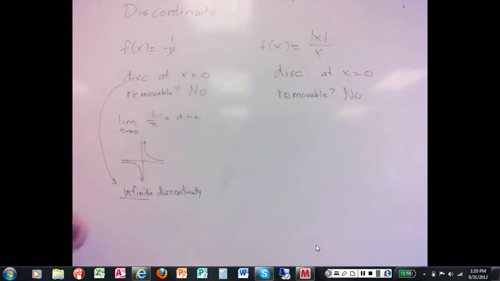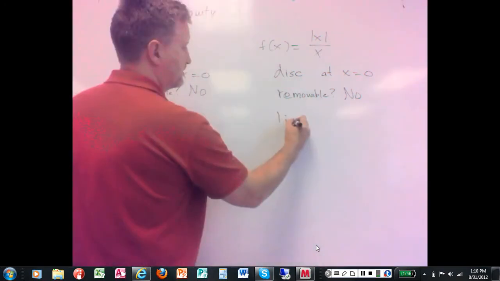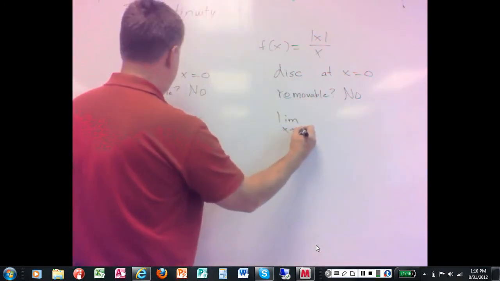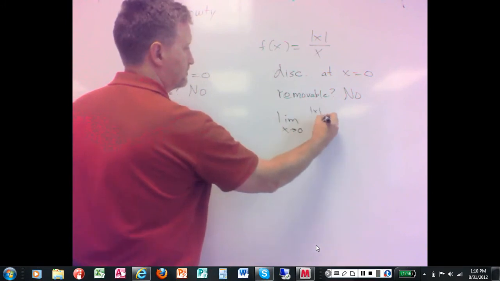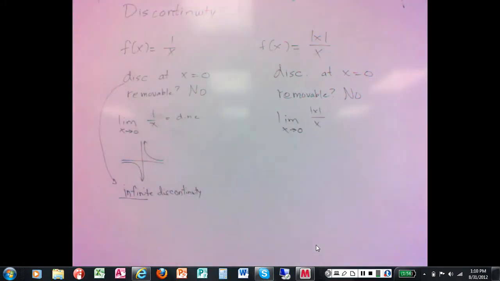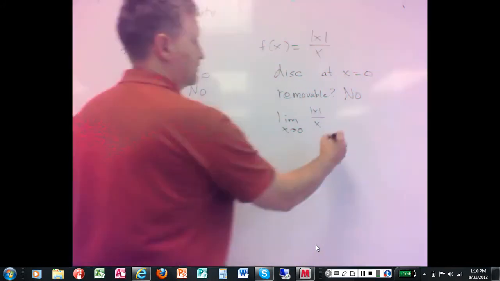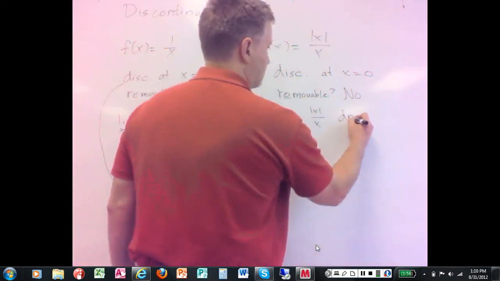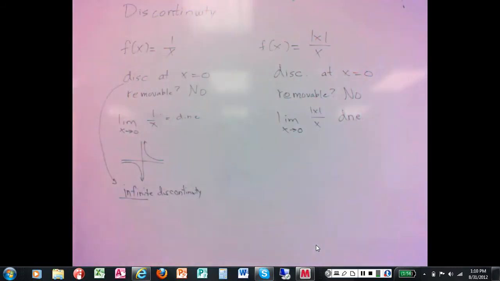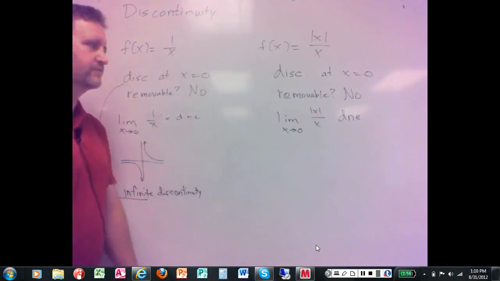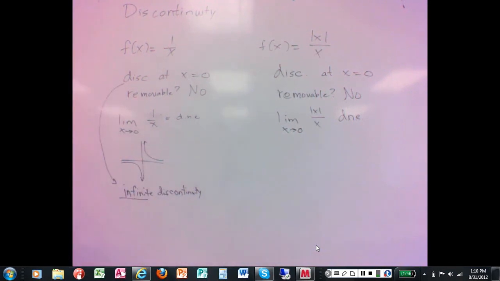Because if you think about the limit as x approaches 0, what do we discover about that? Doesn't exist either, does it? Yeah, and if your limit doesn't exist as you approach that number, you can't remove it, because that's really what removable is. You set your value equal to the limit.